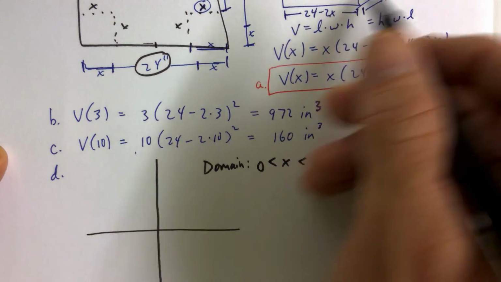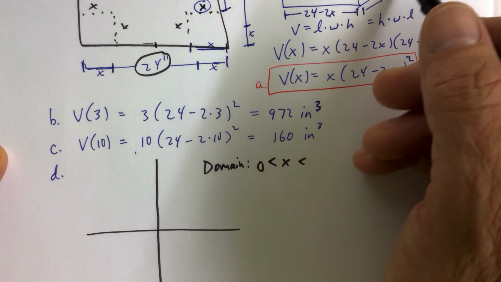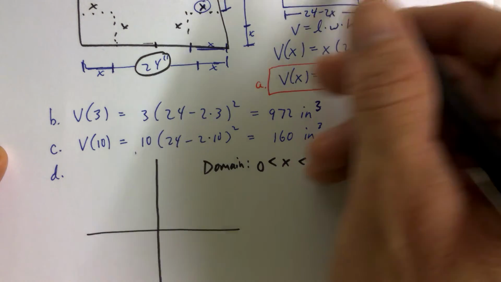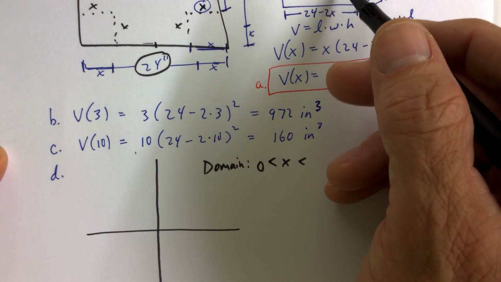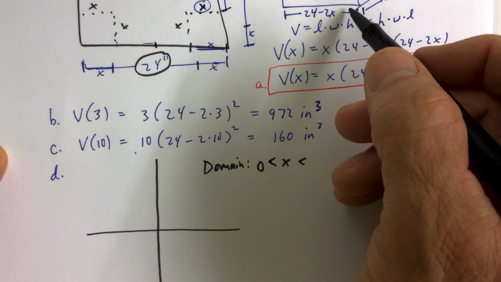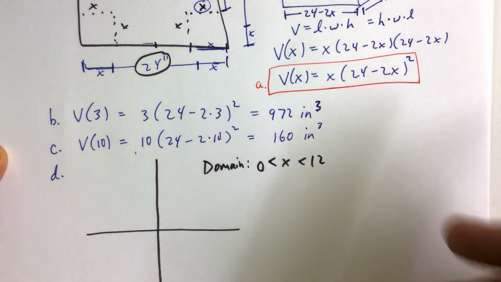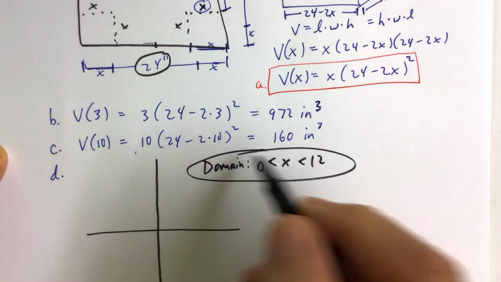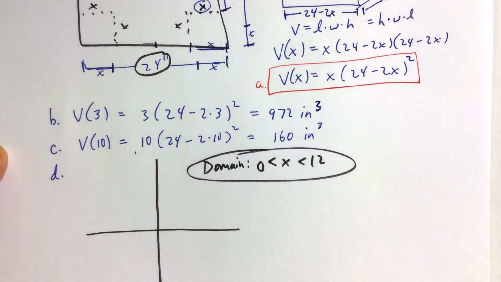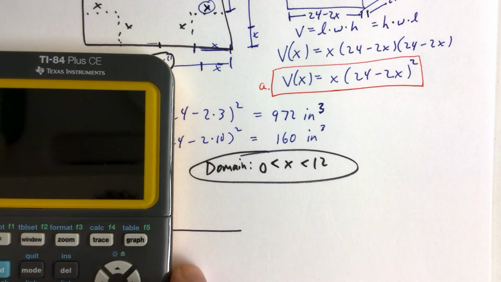So the lengths of each of the sides of the base of this open top box would have a length of 0. So we can't go all the way to 12. We can be just shy of 12. So anyway, this just helps us with our domain.